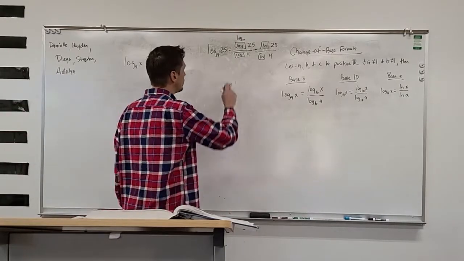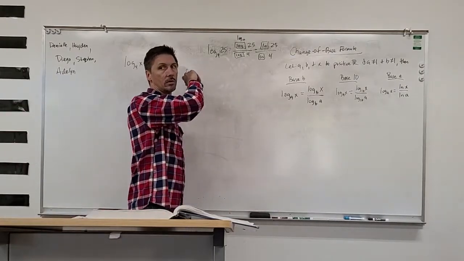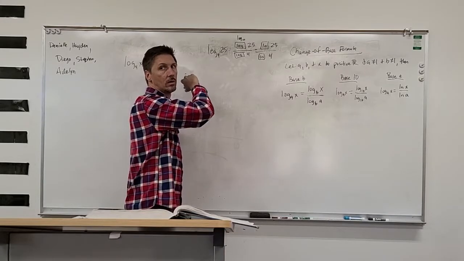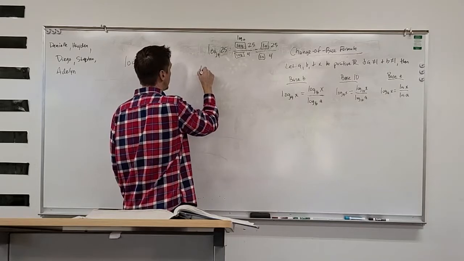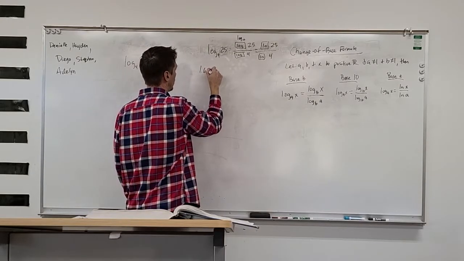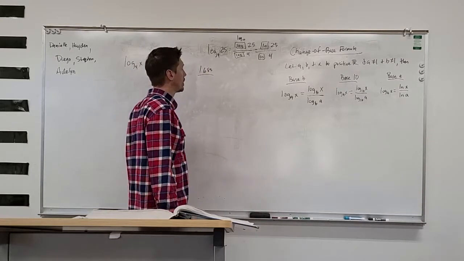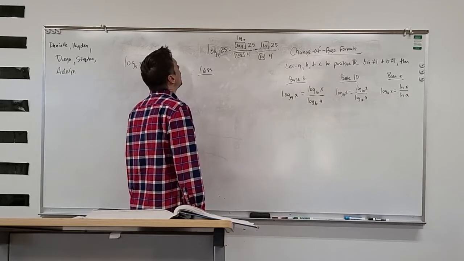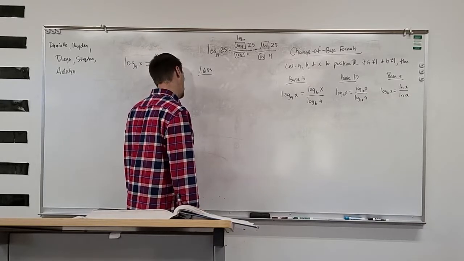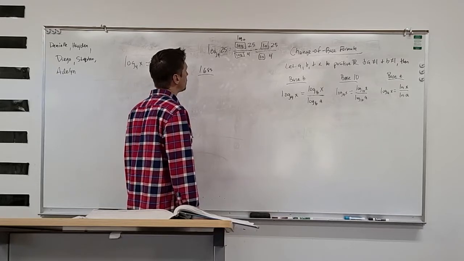Everybody, so what do you get when you do log 25? If I just plug it in without closing the parentheses, I got 1.6183 and a bunch of other numbers. Okay. Divided by what's log of 4? Oh, you want just log 25?